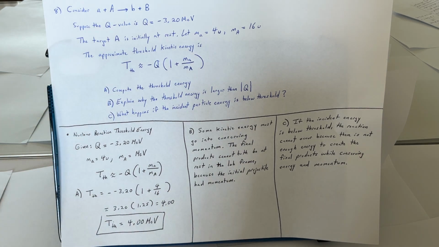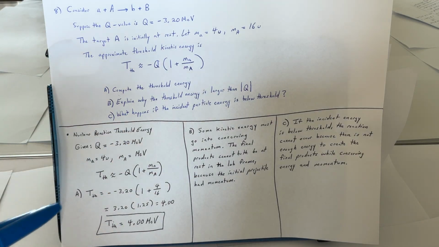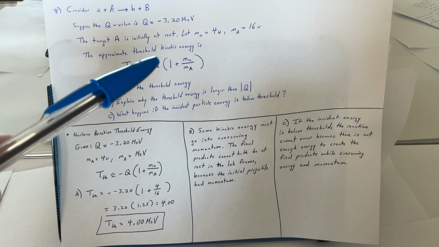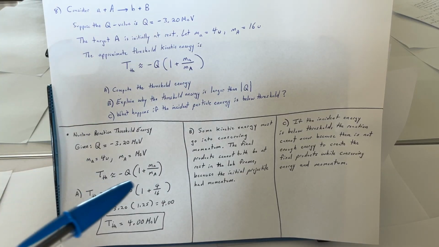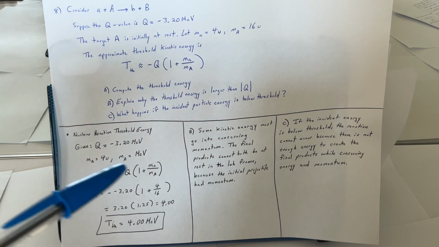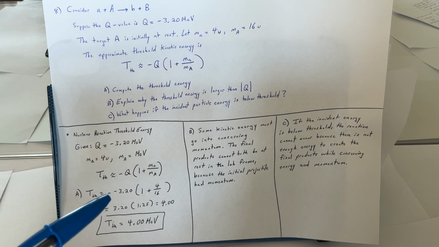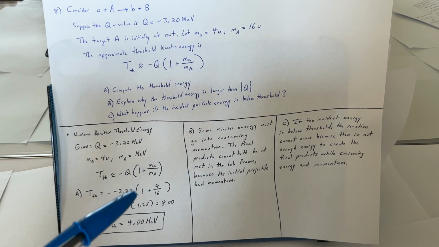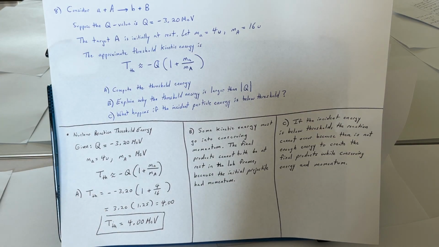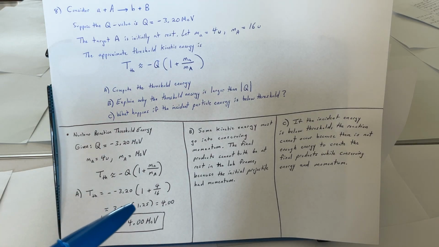So this is a nuclear reaction threshold energy problem. Take what we're given. We're going to use the approximate threshold kinetic energy equation here. So that's going to equal, substituting, negative 3.2 times the quantity 1 plus 4 over 16. 3.20 times 1.25 gives 4.